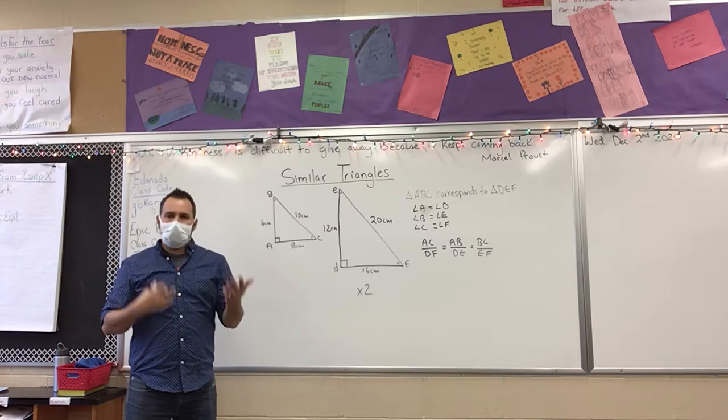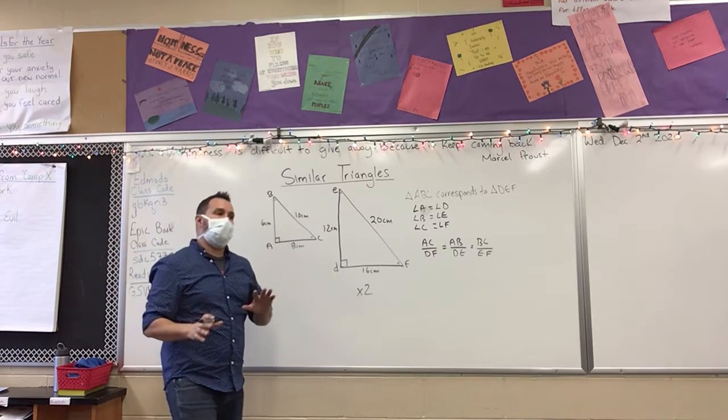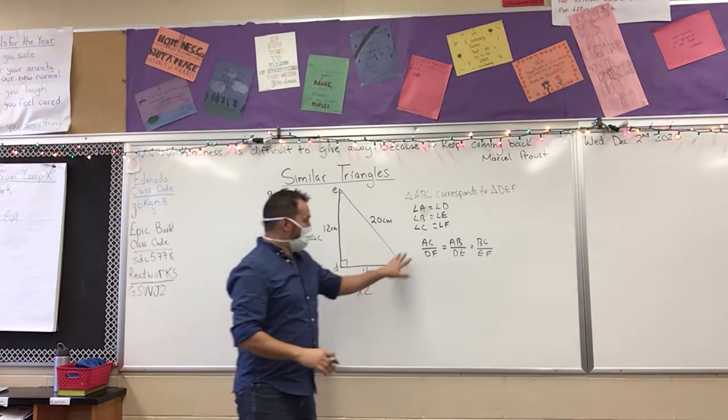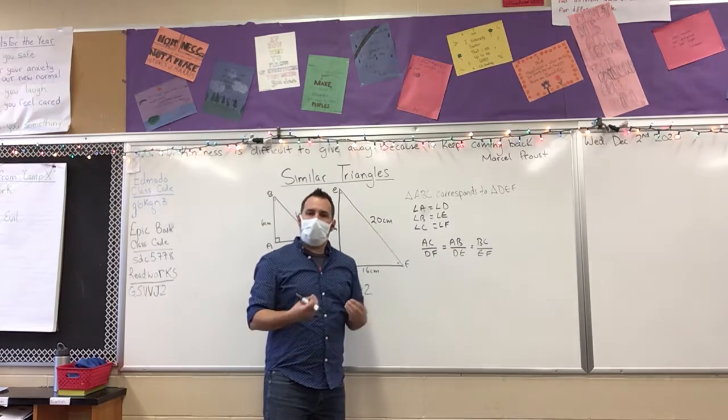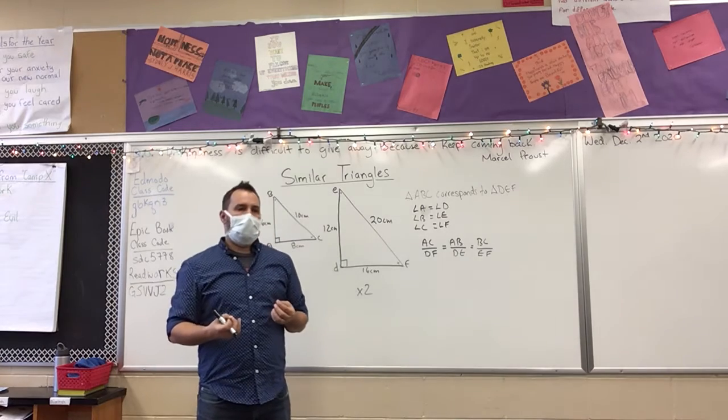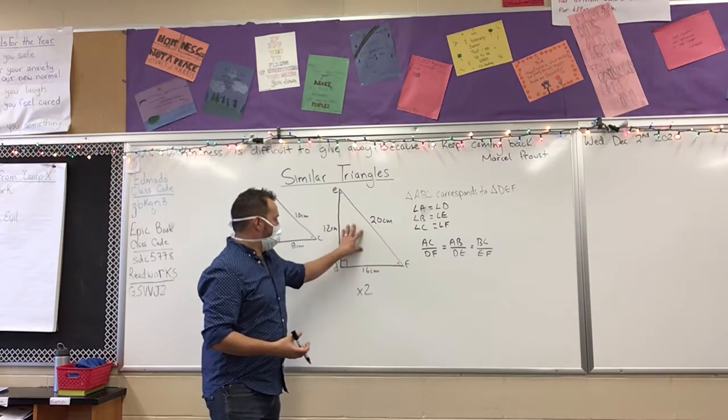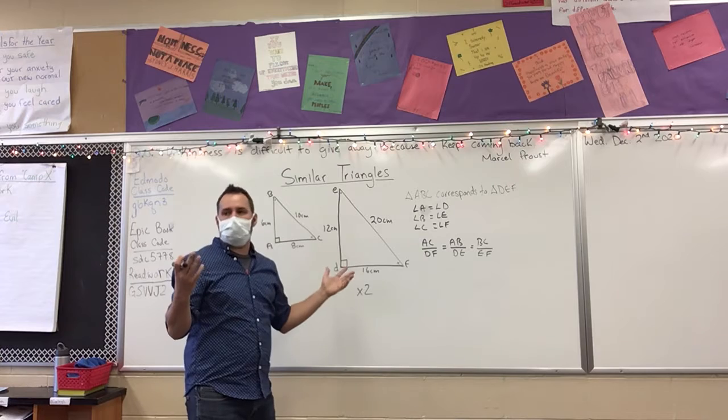If we're thinking, and we're going to talk a lot more about this later on in ratios, the way that we write this is important. But if I was thinking in my head, how much bigger is this triangle than this one? I might write it something like this.